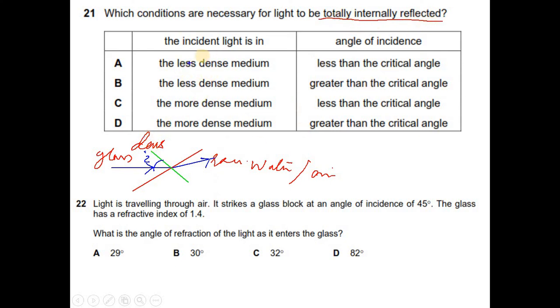So less dense options are gone. More dense, yes, light should be in more dense medium. C and D are okay as per the first column. Angle of incidence less than critical angle, no. Angle of incidence should be greater than critical angle for total internal reflection. So your option is D.